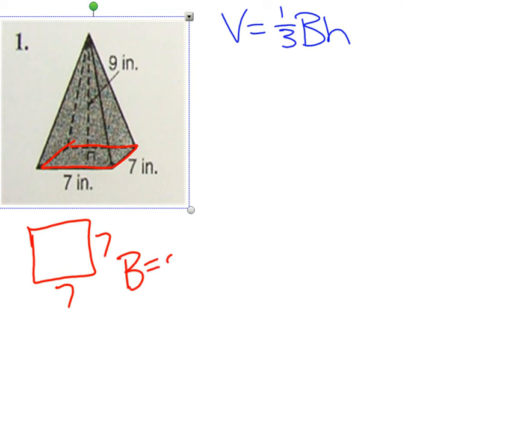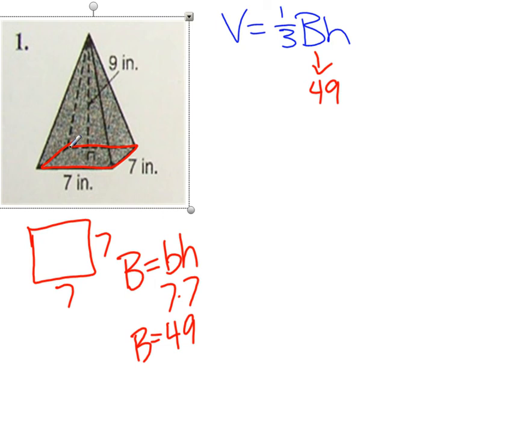The area of our base, since it's a square, is base times height, which is 7 times 7. So the area of this base is 49.